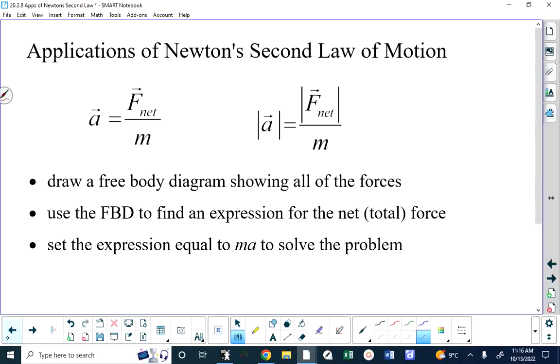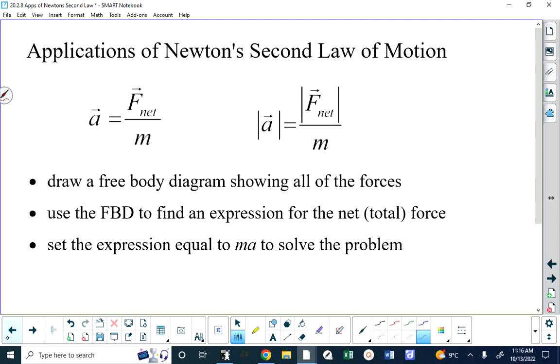Remember, when you're applying Newton's second law of motion, you have to follow these steps. I suspect that on this quiz, many of you don't need a free body diagram, but that's only because that's all we've been working on for a day. When I get to pulleys, or inclined planes, or inclined planes with pulleys, that free body diagram is very important.